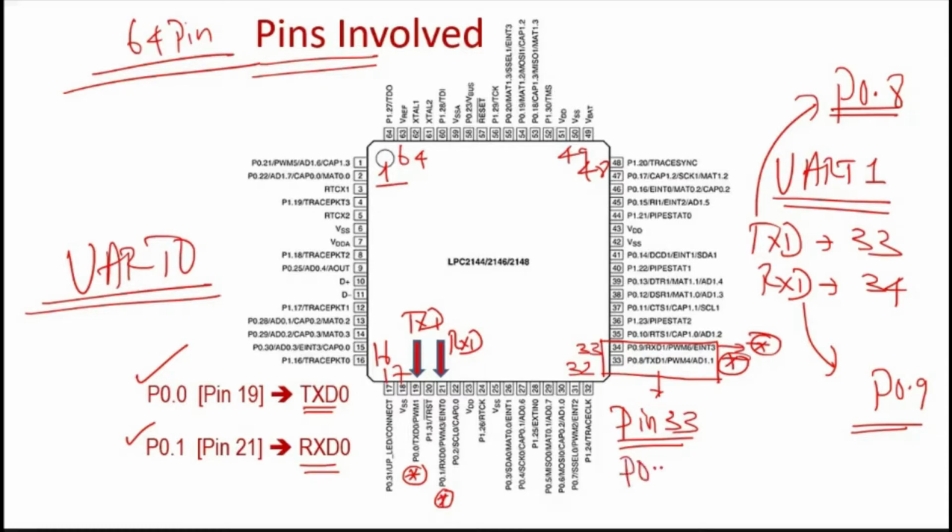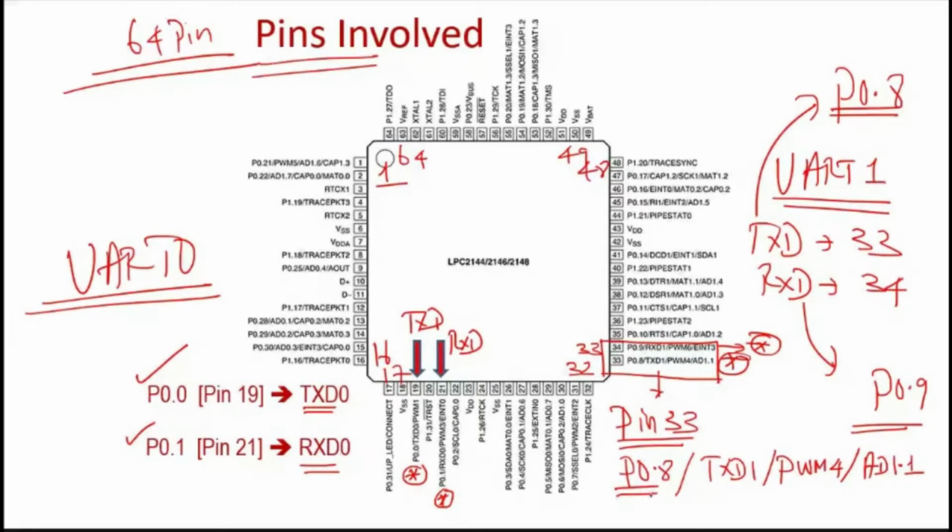Port 0.8 is the default function, followed by TXT1 is the first special function. Pulse width modulation 4 is the second special function. Analog to digital converter 1, channel 1, that is the third special function. These are the 4 functions that the same pin can do.